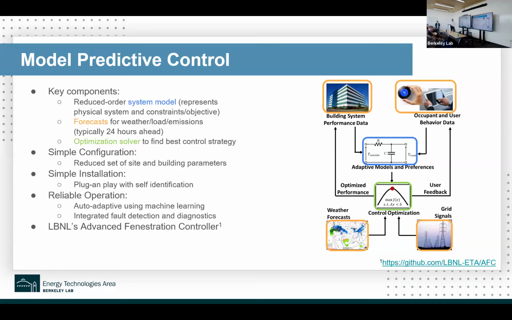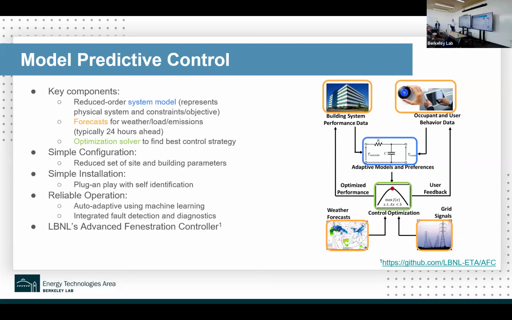It also takes forecasts into account, which are weather forecasts, as well as forecasts of internal loads, occupancy, plug loads, and so on over a certain horizon, typically 24 hours. And then an optimization solver, which combines the system model with the forecast and comes up with optimal set points for the different systems.